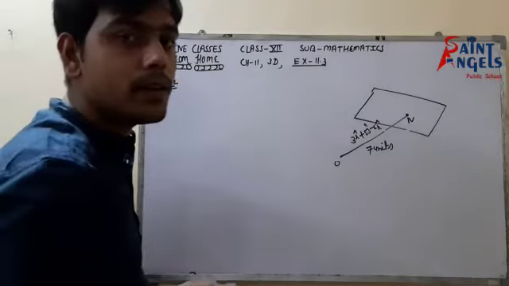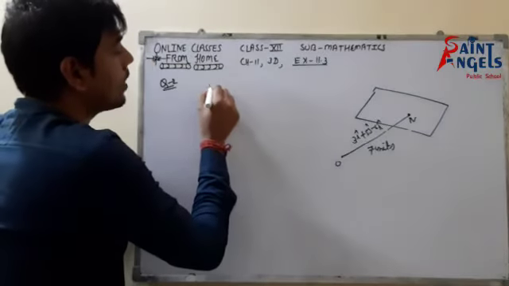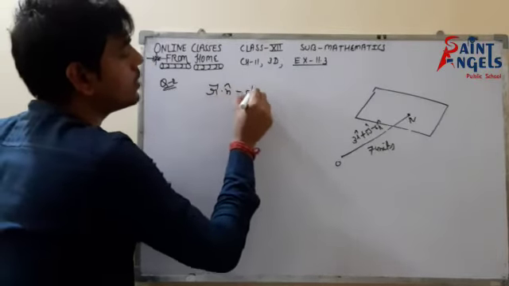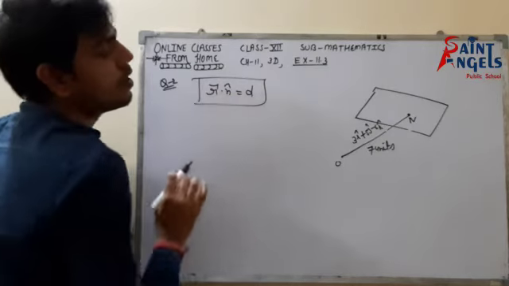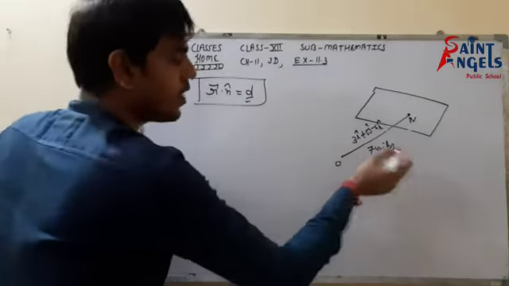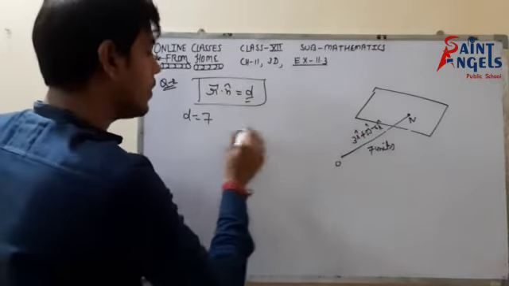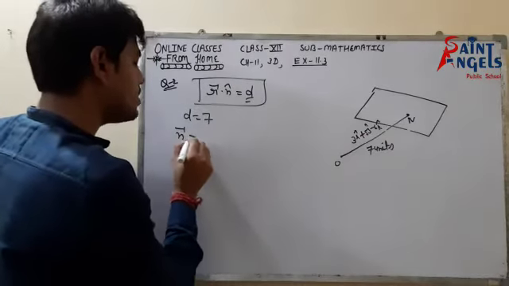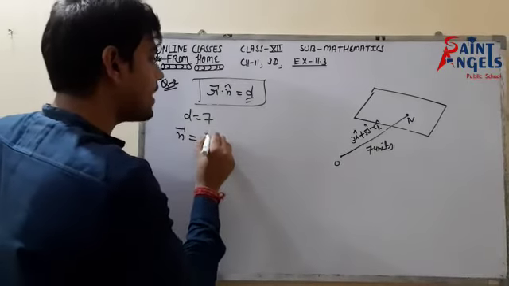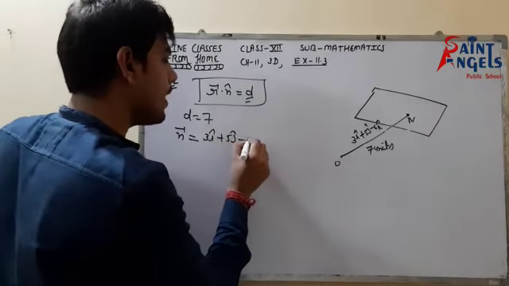Students, remember the formula: r vector dot n cap equals d. Here d is 7 units, already given. Now we have to find n cap, but we have been given the n vector, that is 3 i cap plus 5 j cap minus 6 k cap.